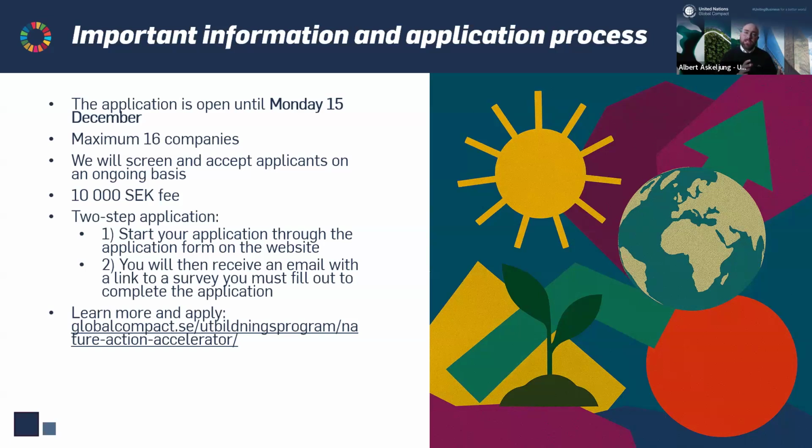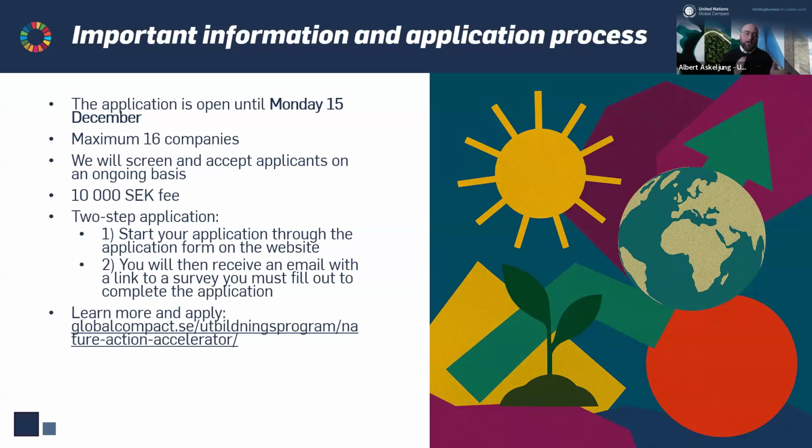And the application process is two-step. You start your application through the application form, which is pretty simple, on the globalcompact.se website. I'll put the link here as well. You find it under utbildningsprogram, so educational programs.